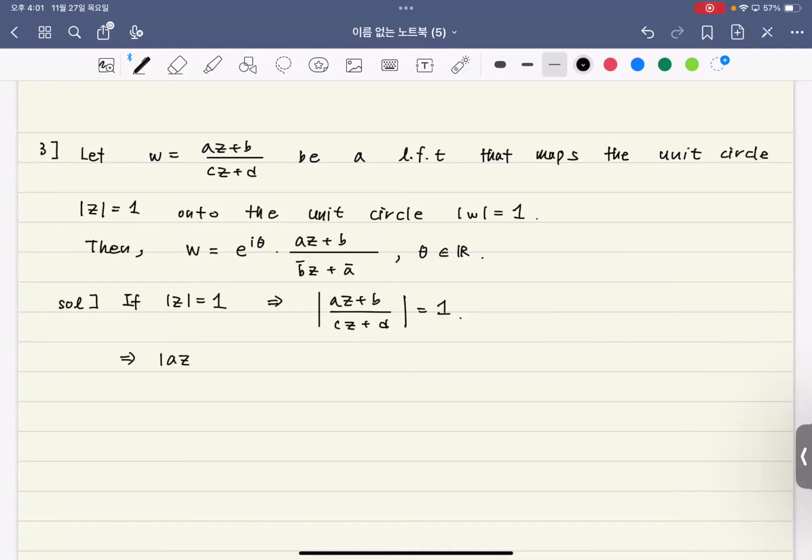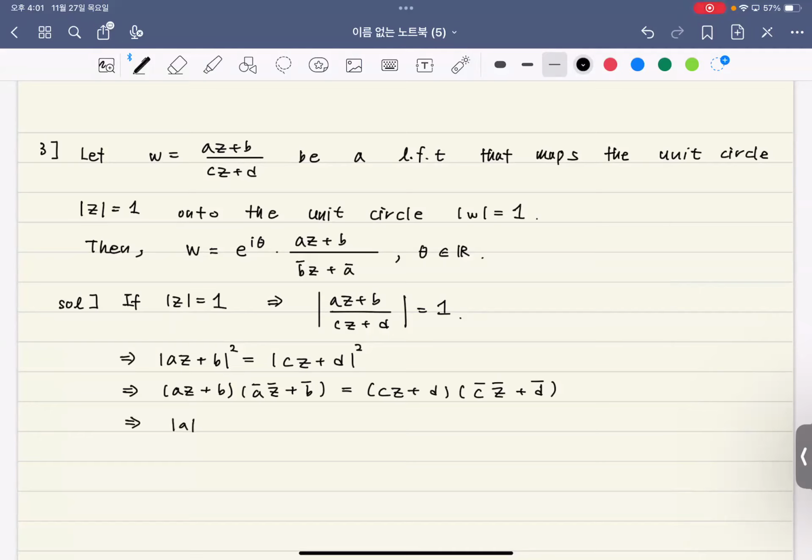So |AZ + B| is |CZ + D|. This equality is still true even if I raise it to the power of 2. So (AZ + B) times its complex conjugate (ĀZ̄ + B̄) equals (CZ + D) times (C̄Z̄ + D̄). Now I want to expand these expressions.